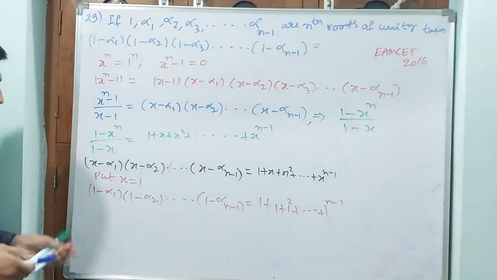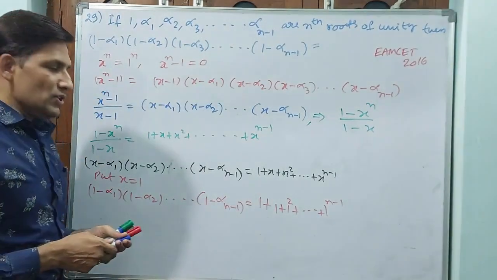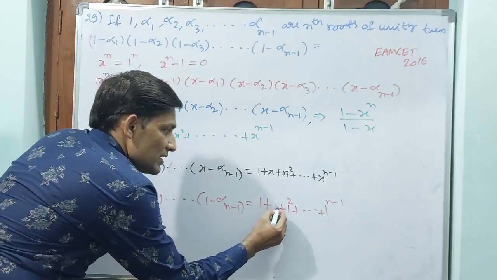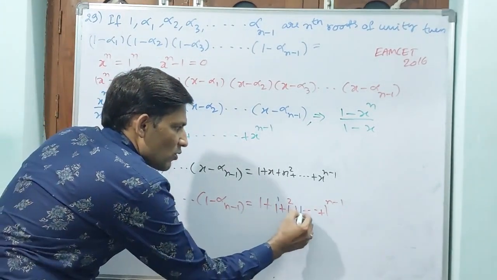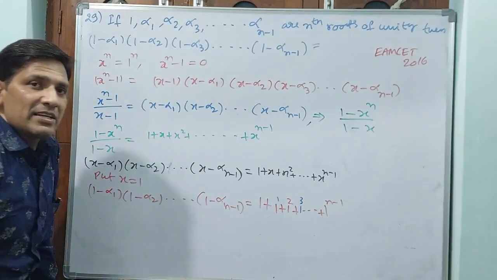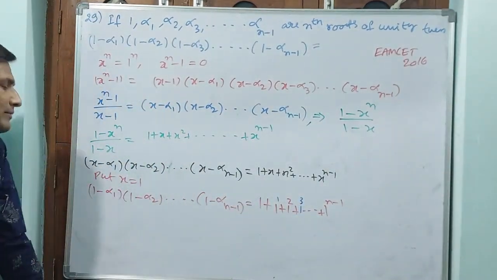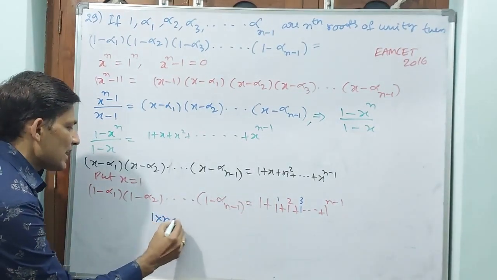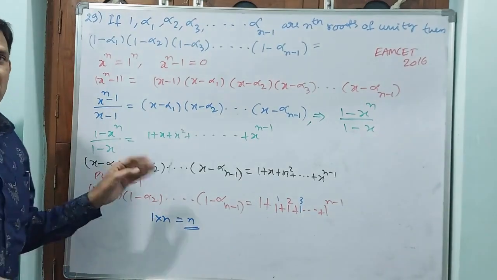Now you don't bother about LHS, RHS only you want. See, RHS, 1 power 1 is there, 1 power 2, 1 power 3, up to n minus 1, again 1, n minus 1 plus 1. That means n. 1 into n, that is equal to n. N is your answer. Understand this question?